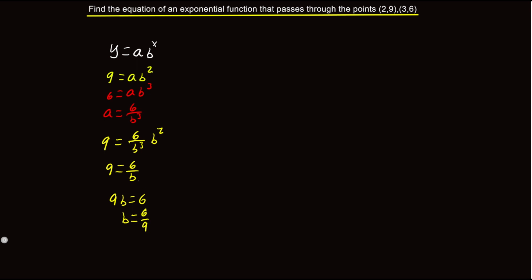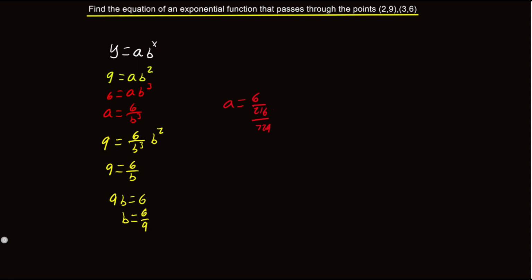And we can go ahead and find out what a is. So let's plug b into a, where we get a is equal to 6 divided by (6/9) cubed, which is 216 divided by 729, where we can multiply 6 times 729, but we see that 6 and 216 have a same factor of 6.